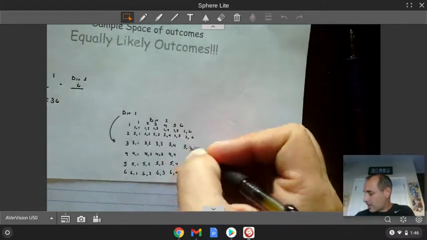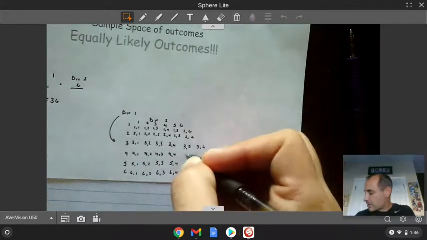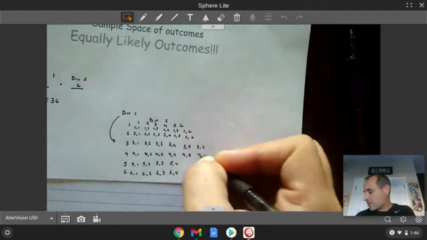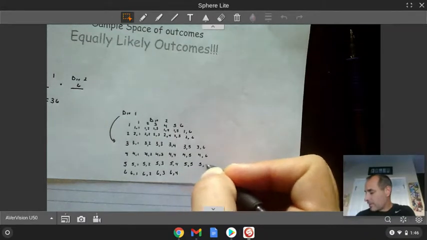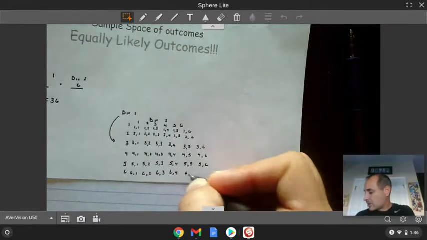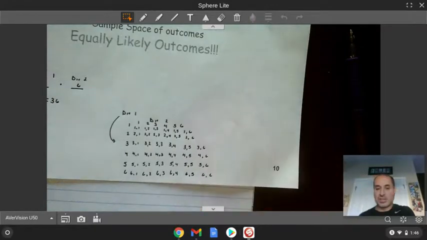Okay, 3, 5, 3, 6. Make a little bit more room for myself. Sorry if this is sloppy. Well, I know it's sloppy. 5, 5, 5, 6, 6, 5, and 6, 6. So there are my 36 different outcomes.